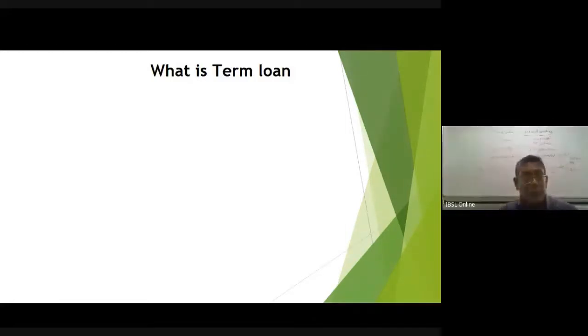Okay, now you understood what a term loan is, the first type of loan we just learned. Usually term loans are given for a longer period of time, usually 7 to 10 years. And the purposes of taking term loans: to fund capital expenditure, that means fixed assets like land, building, machinery, to set up new businesses, to expand or modernize your businesses, or for project facilities.